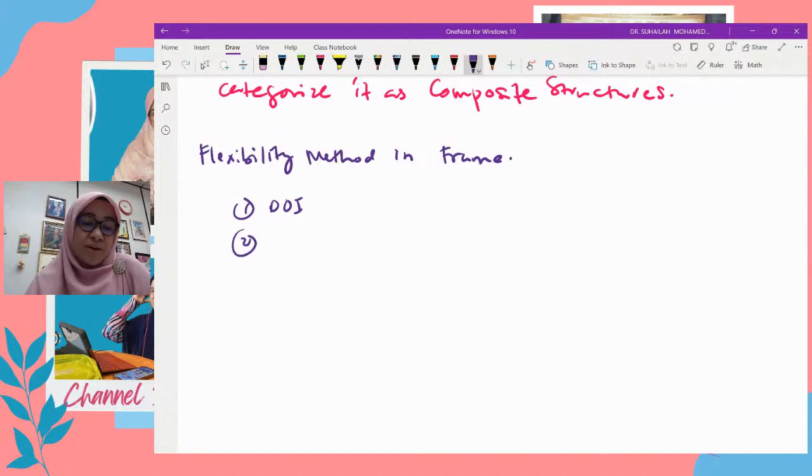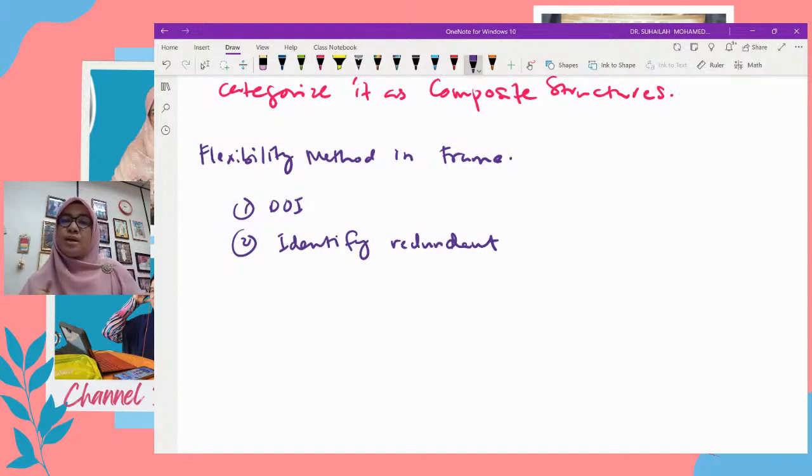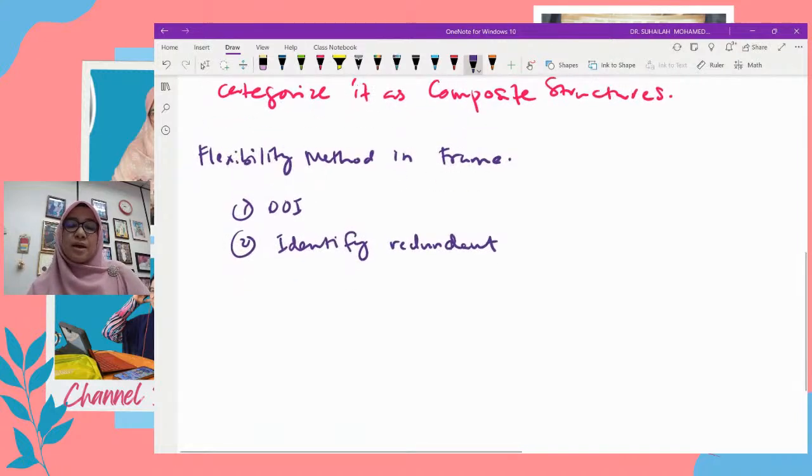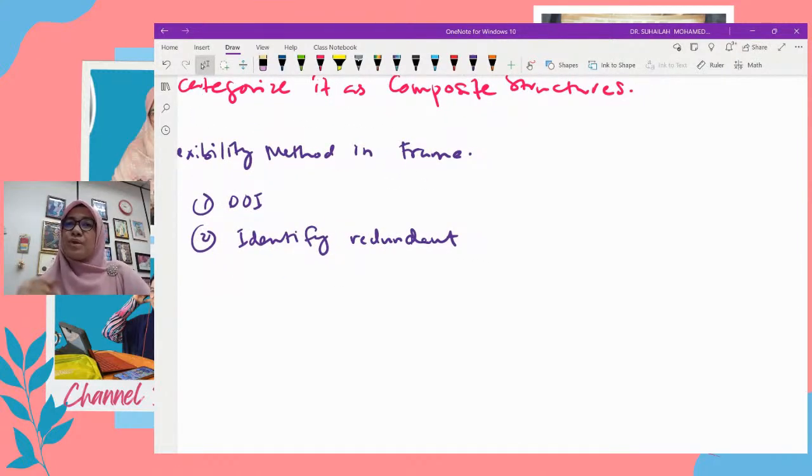Because we want to identify the redundants, because the redundants depend on the DOI. Second step, we identify the redundants. We always look at the procedure like this: step number two, we do because of step number one.